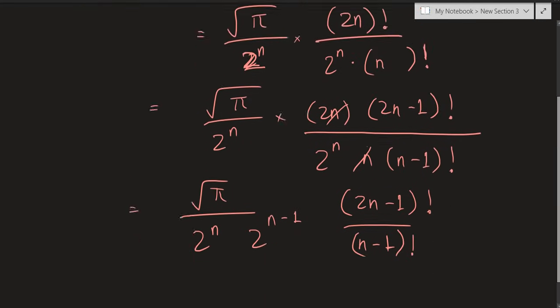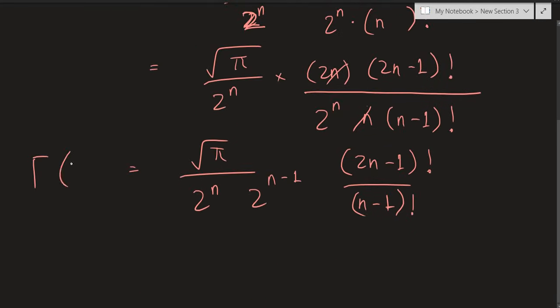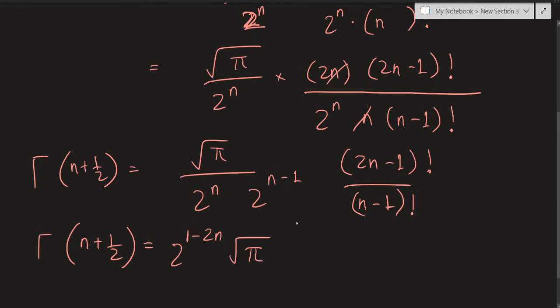Basically it's equal to the gamma of n plus half. So I would actually like to regroup some terms with gamma of n plus half being equal to, we can bring them in the numerator. So we have 2 to the 1 minus n plus n, 2n, 1 minus 2n, and signs flip when we take them in the numerator, times square root of pi.